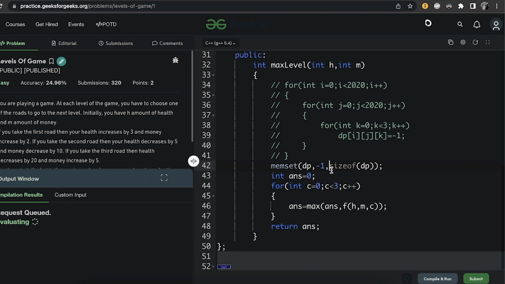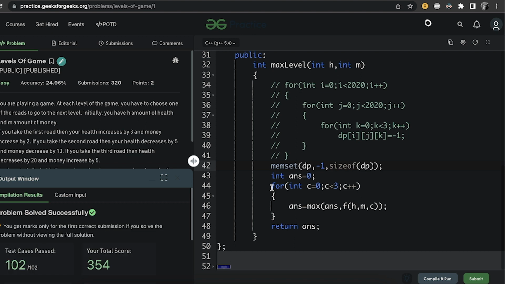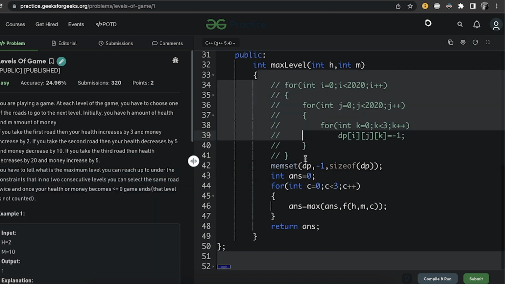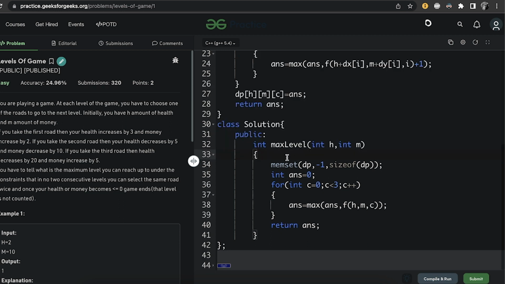You can use this trick if you want to initialize the dp with 0 or -1. Now let us try to submit. And yes, we got an AC again. That is the small implementation trick that you can use in your code.